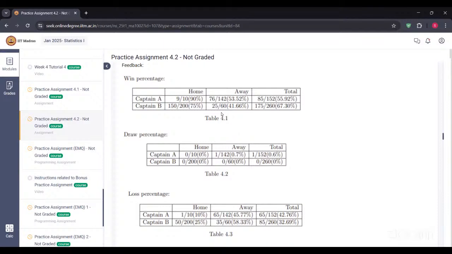Now, just don't look at the total. We are just looking at different groups, for home and away. For home, captain A is having the highest percentage. Similarly, in away, captain A has the highest percentage, right?